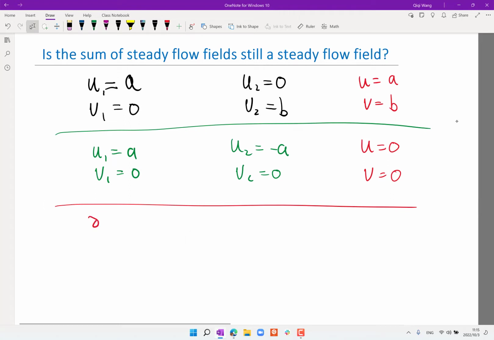And let's also assume it's incompressible, because that makes things a lot easier. So we can pull rho out of the derivatives. Rho times partial u partial x plus partial v partial y is equal to what?